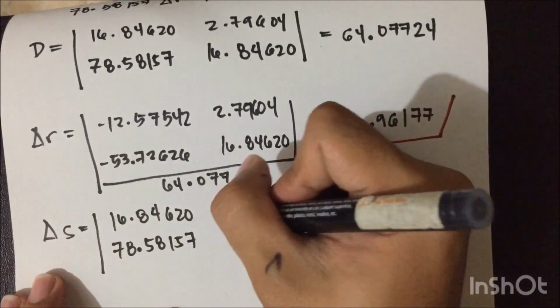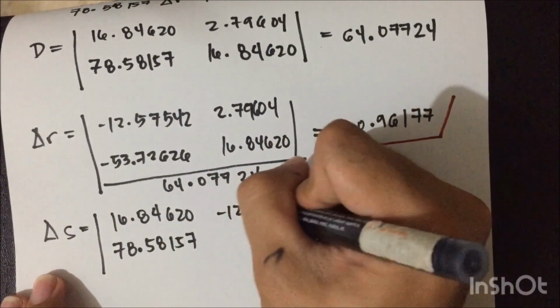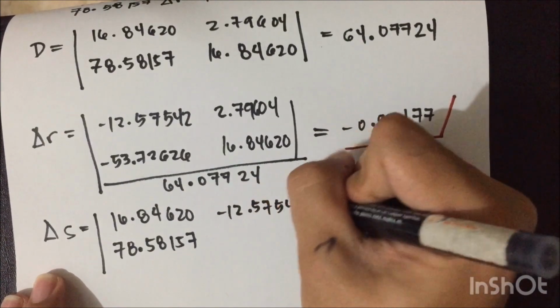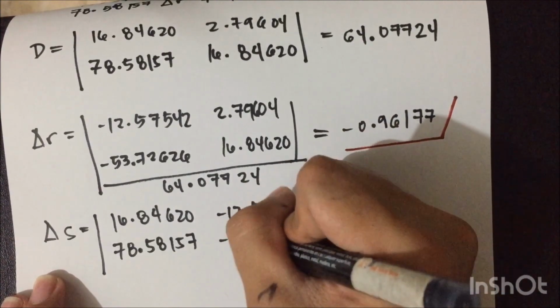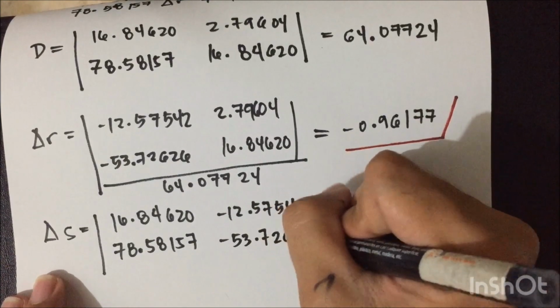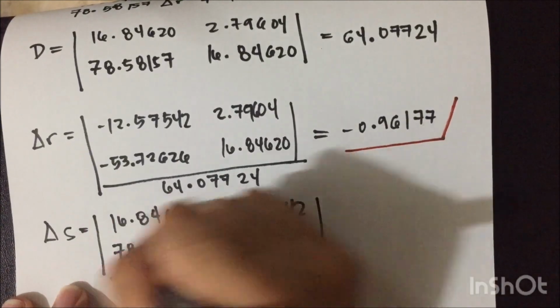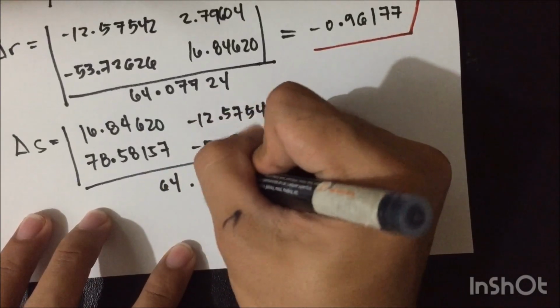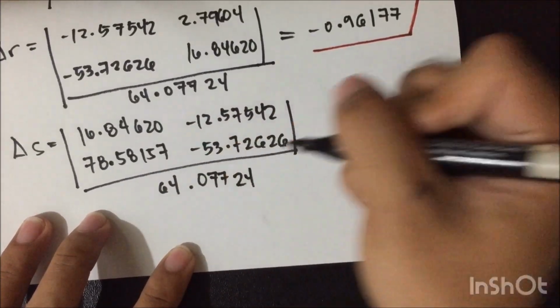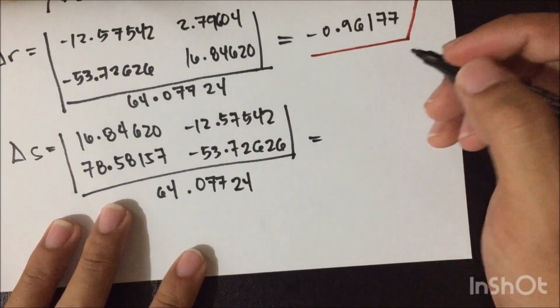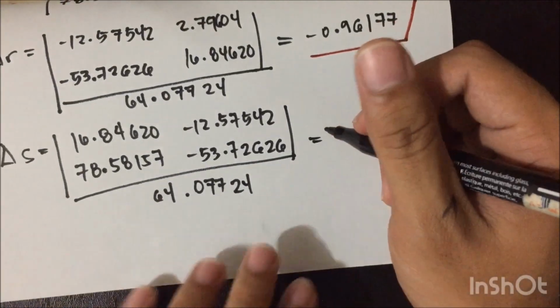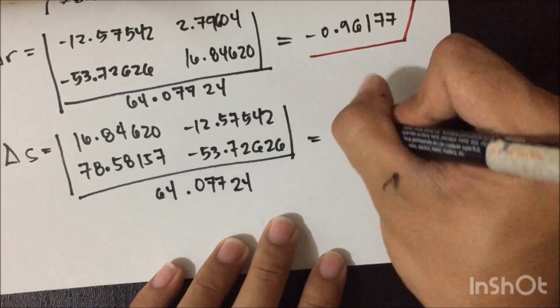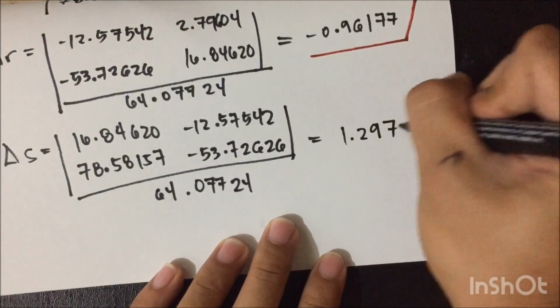Then yung constant natin dito is negative 12.57542 and negative 53.72626 over the determinant 64.07724, at makakuha tayo ng value ng ating delta S, which is 1.29707.